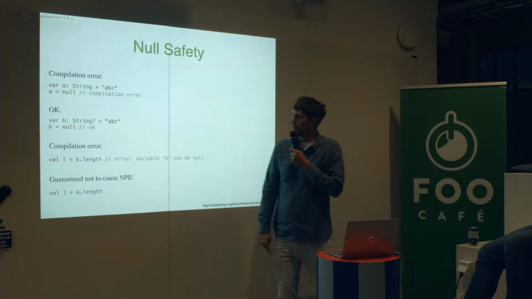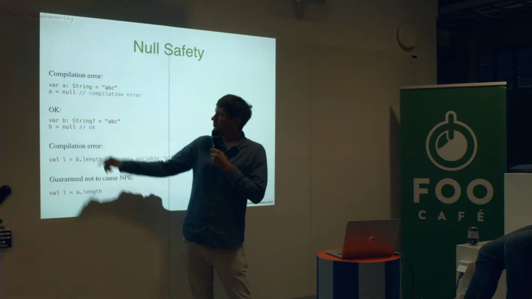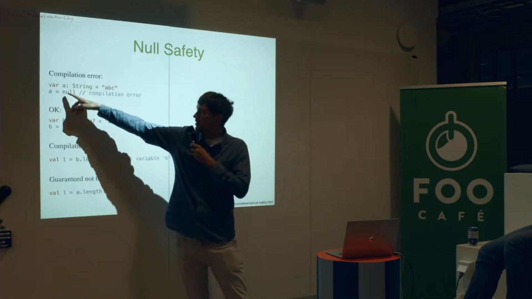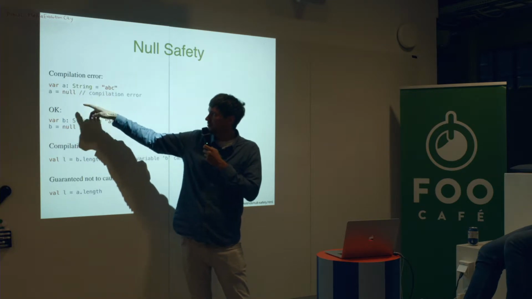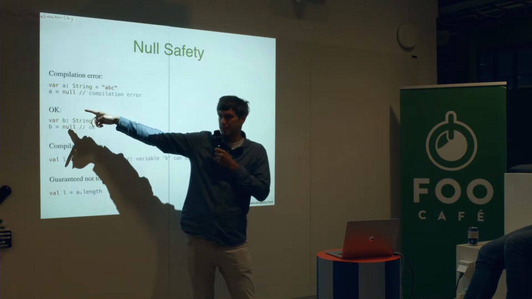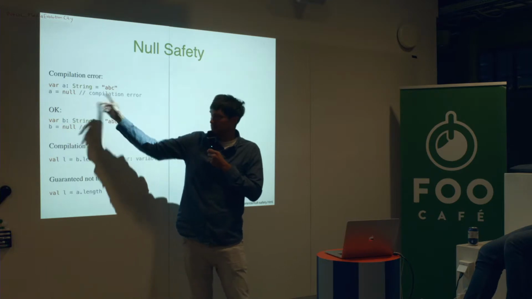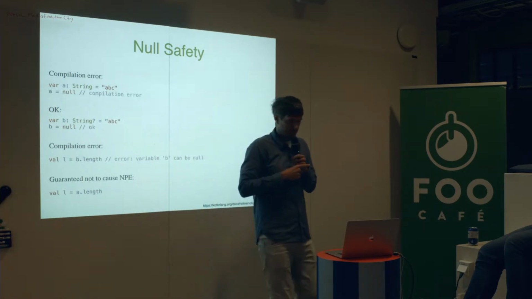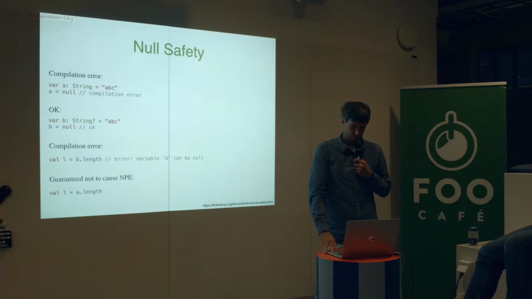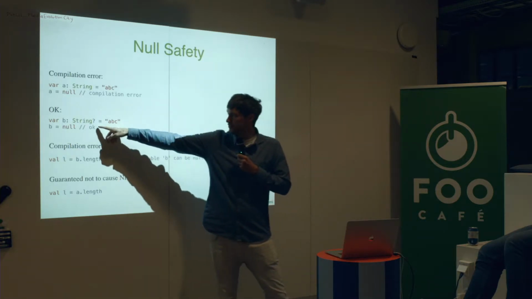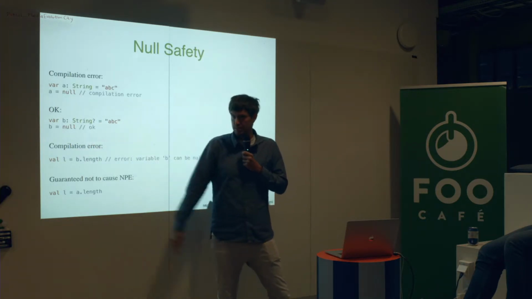Here's an example. Now you have a mutable reference a that's a String. If you try to declare a as null, you will get a compilation error. But if you declare it with String question mark, then it's okay to be null.